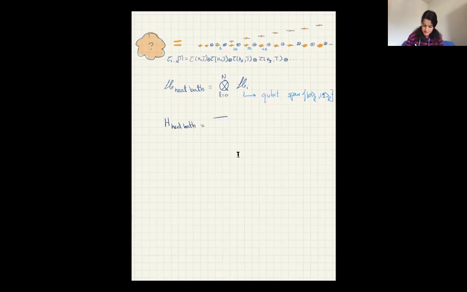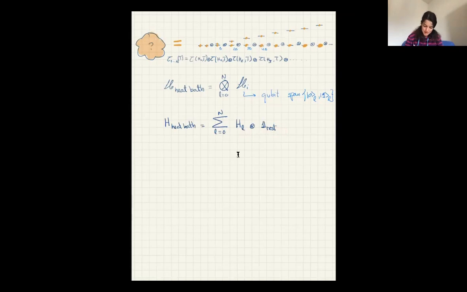It's going to be a sum of local Hamiltonians. What I mean by this is that each term L acts only on the qubit L and acts like the identity on the rest. Of course, this rest depends on L, so these are all the other n-1 qubits. So it depends for each term.